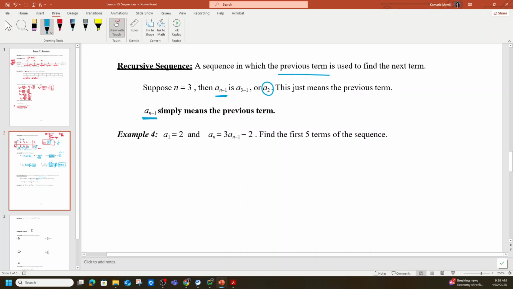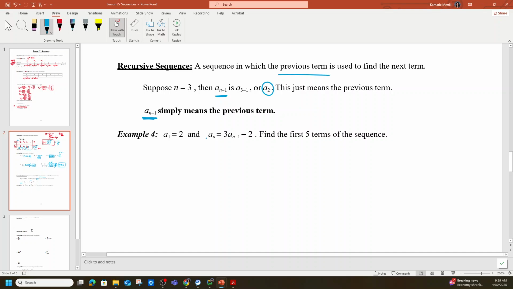Anytime you see an n minus 1, just think previous term. If I see n minus 2, that means I need the one that's 2 away. Does that make sense? n minus 2 is 2 previous terms, n minus 3 would be 3 previous terms. So are we okay using that subscript n minus for the most part? That's just a recursive definition.